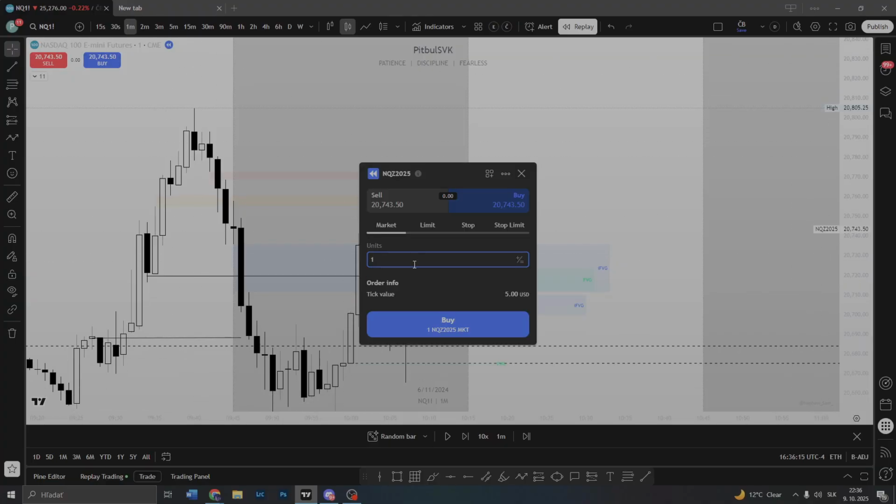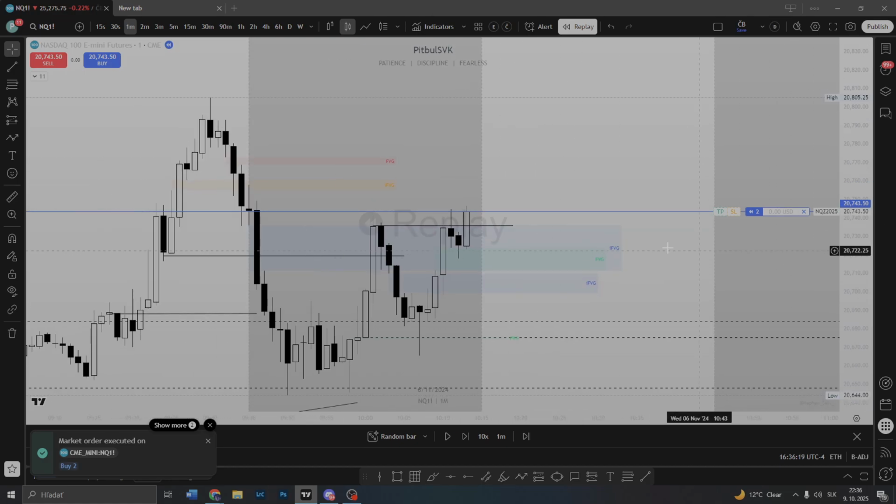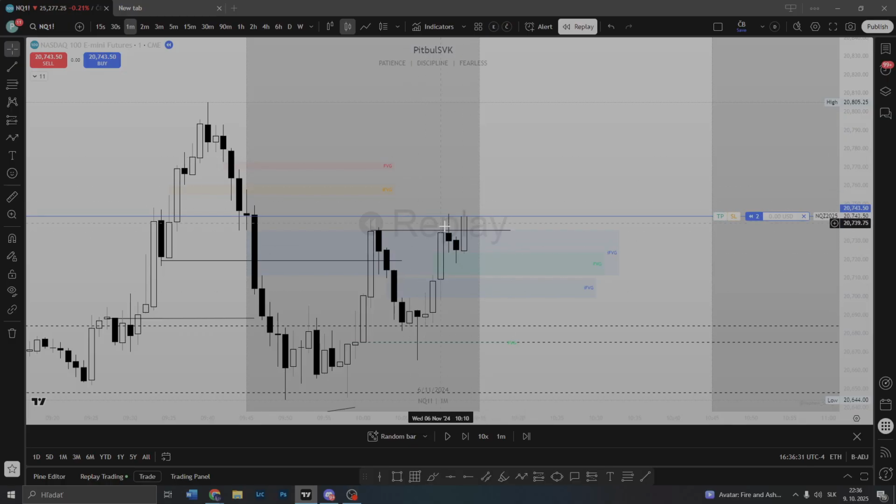So we can enter a trade right here. Again, there is a fair value gap. Our stop should be at least the 10 candle by ICT teachings. For me, if I'm correct, we should not go back to that 10-12 candle low, so I will put my stop loss right there.